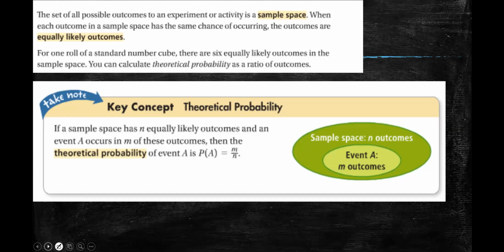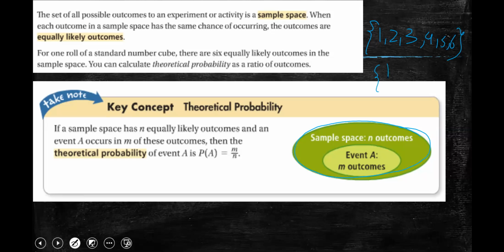Like this one here, we have a big circle, we call it the sample space. It's the set of all possible outcomes. Like I have a dice, I can have 1, 2, 3, 4, 5, 6. These are the outcomes. Or if I toss a coin, all the outcomes could be head or tail. We call this the sample space.